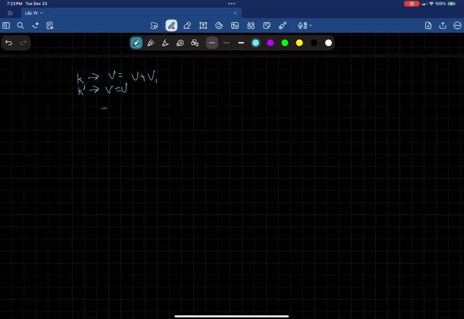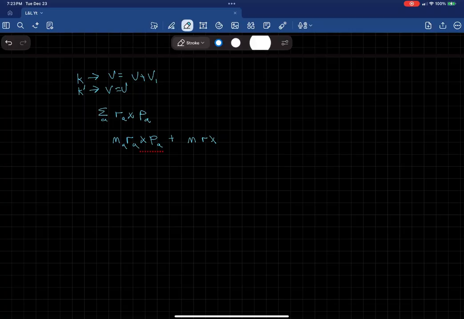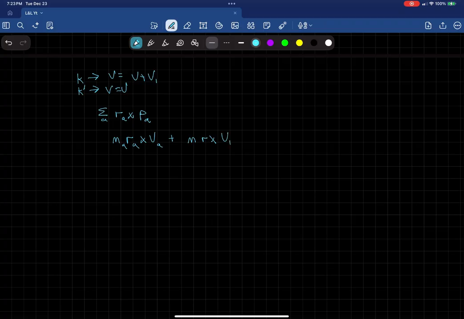Now, if we take the angular momentum of a system and we substitute in our values for the changed velocity, we would get that this is equal to m r cross v plus m r cross v1.